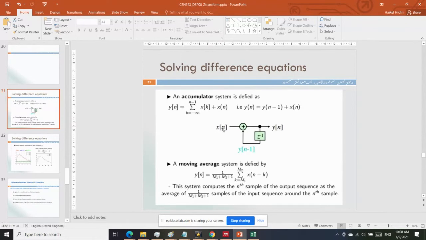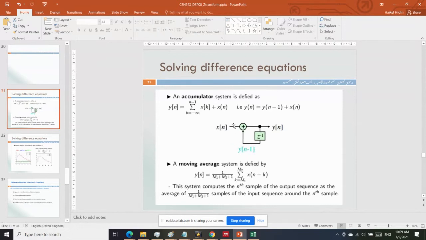In the diagram, the new value yn is equal to the new xn plus the sum of all the previous values. So whatever the sum of the previous values, yn minus 1, we add it to the new value xn.